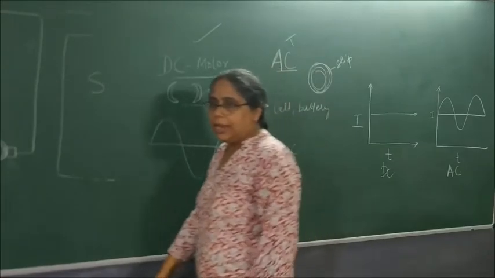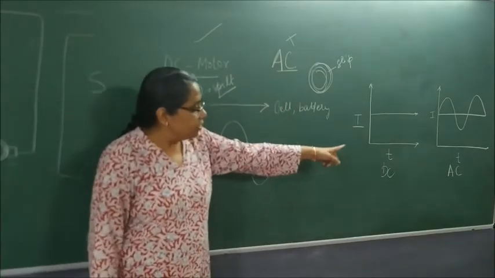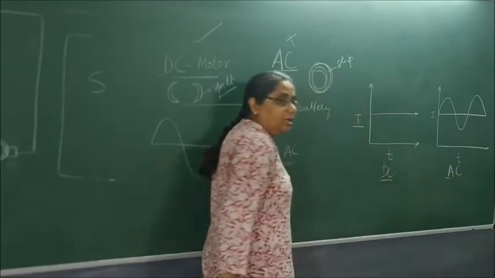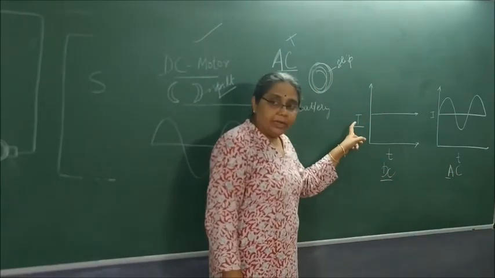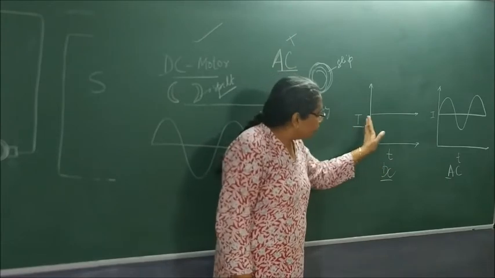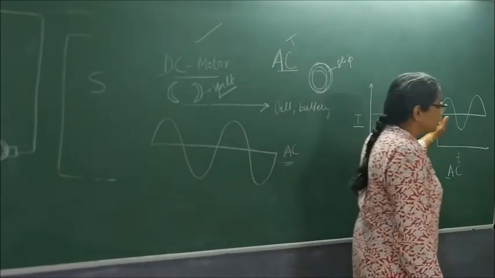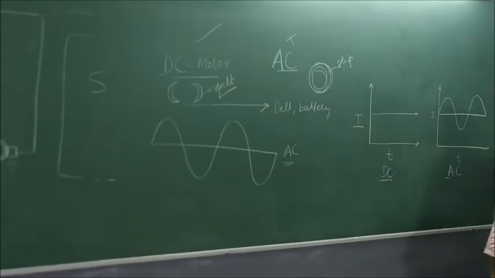AC current. This graph needs to be drawn. This is for DC current and this is for AC current. This is graph between current and time. If it flows throughout in the same direction, it is called DC current. If it changes its direction periodically, it is called AC current.